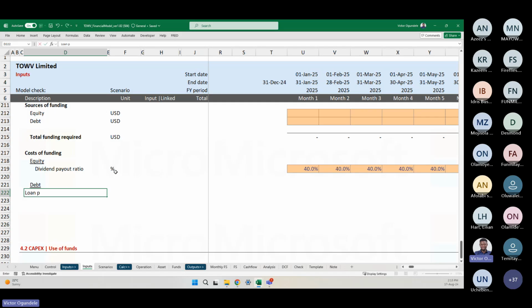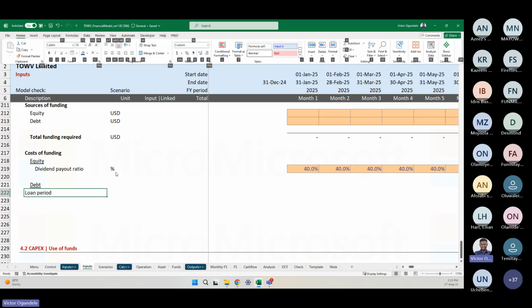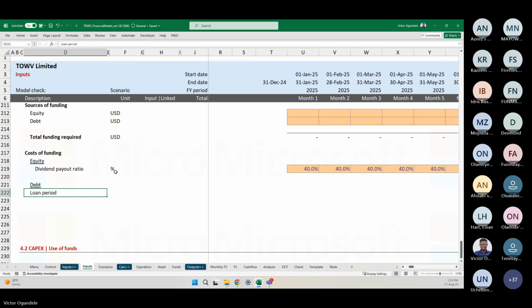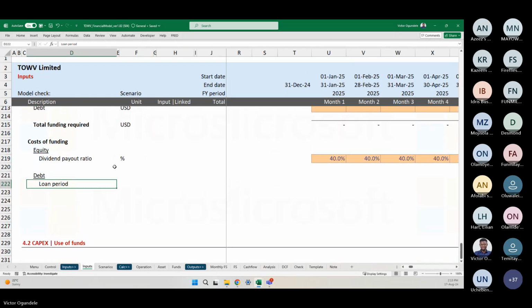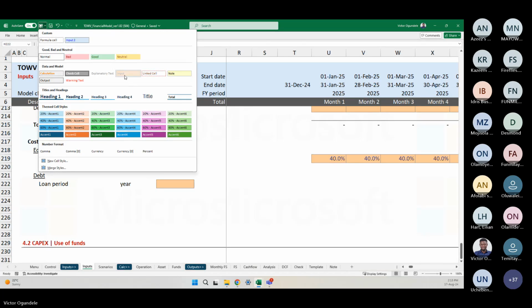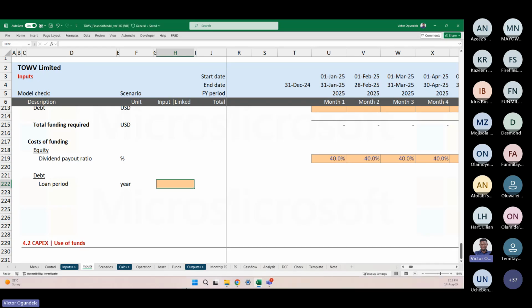So let's call this loan period. The loan period will be in years. Let's assume the loan period will be, let's say, 4 years, so that we can see when it's actually being fully repaid.